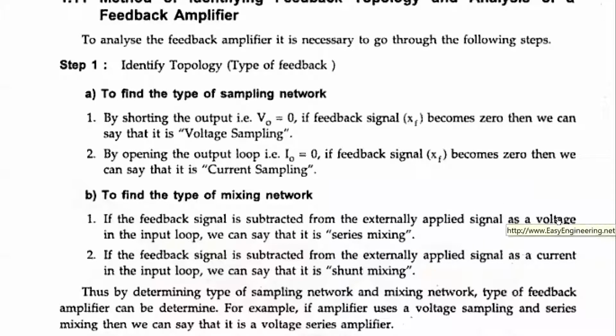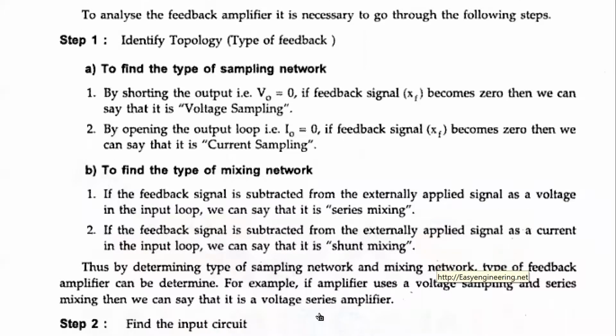Because Kirchhoff's voltage law, when you apply to a loop, mostly the elements are in series. So the exact statement is, if the feedback signal is subtracted from the externally applied signal as voltage, then we say series mixing. Otherwise, it is shunt mixing.